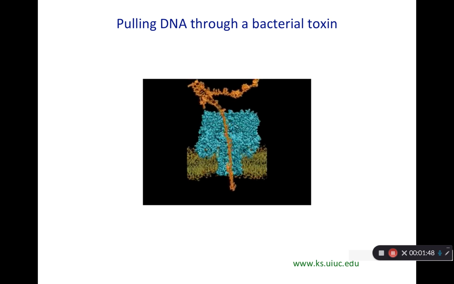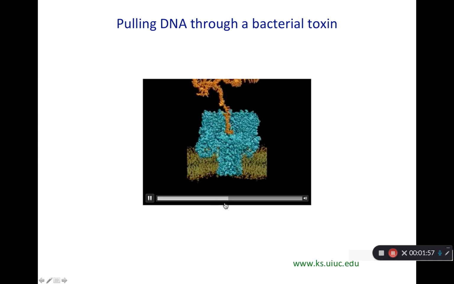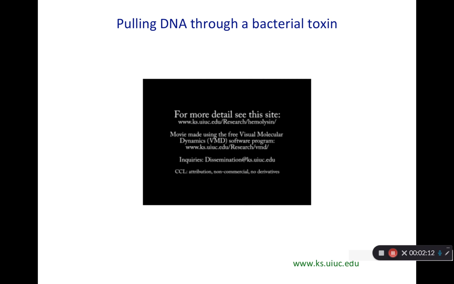And you can see that at a certain point, the speed at which it is being pulled increases. Let's play that again. An electrical potential is pulling the DNA through the toxin. It is slow now. And now suddenly the speed of pulling increases. We will come back to this video in the second part of the lecture.